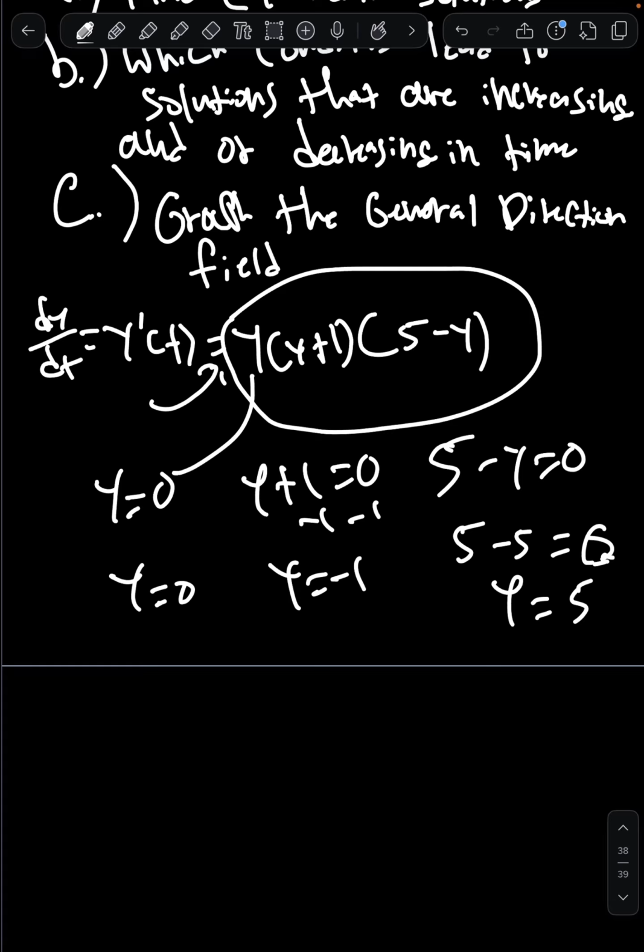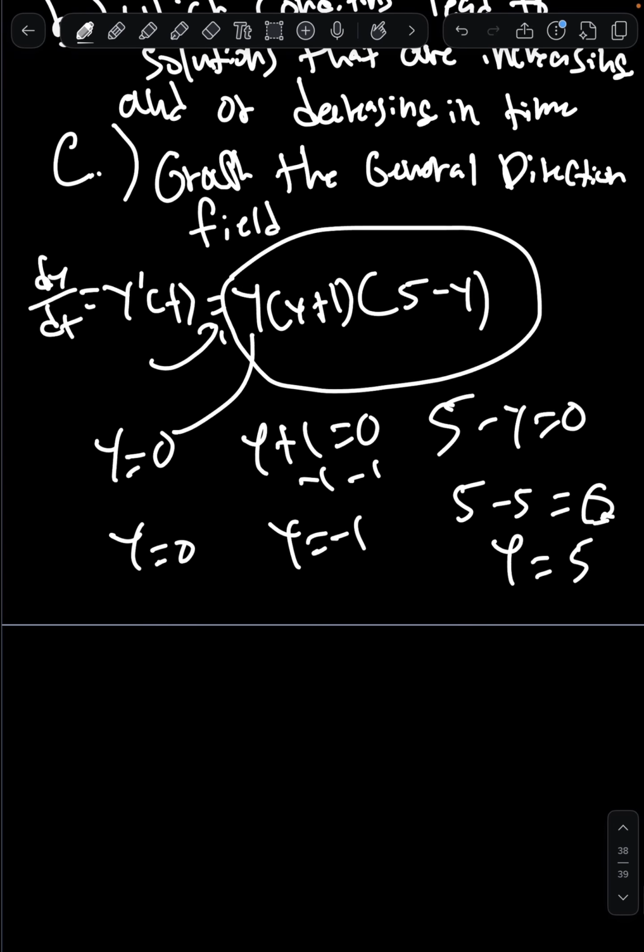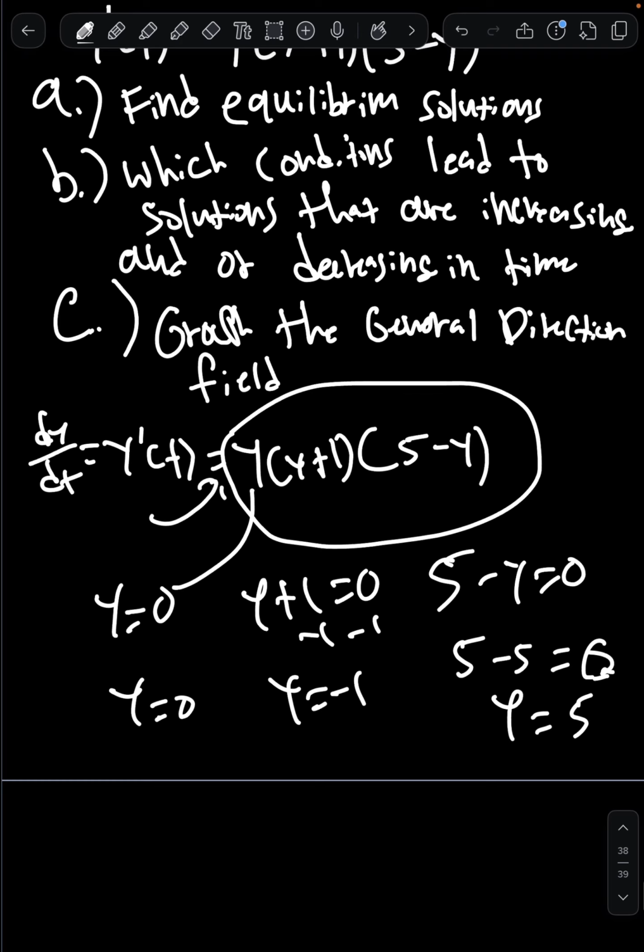So just by looking at this, we know that 0, negative 1, and 5 are critical points for the function. Now, from Calculus 1, if you remember, to figure out whether the function is increasing or decreasing in time, which is part B of the question, we have to set up intervals between those critical points.